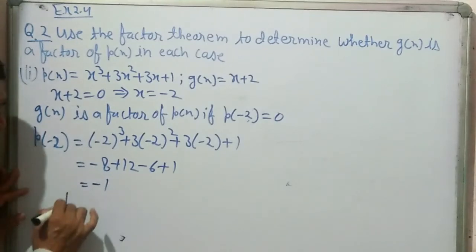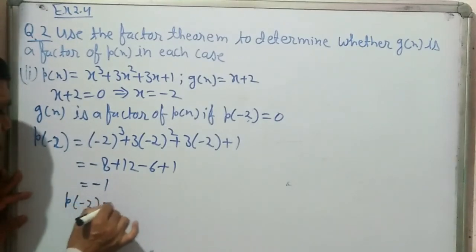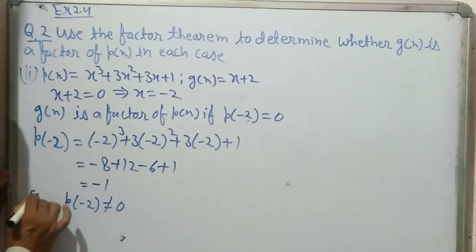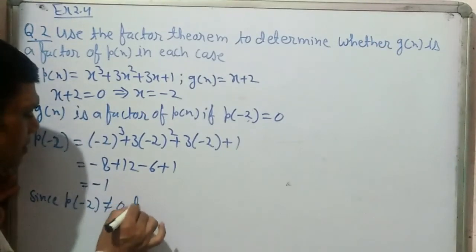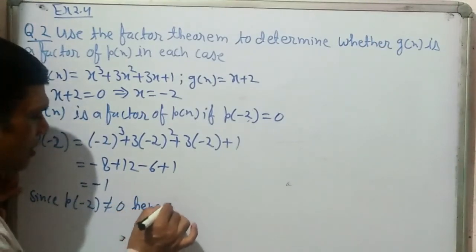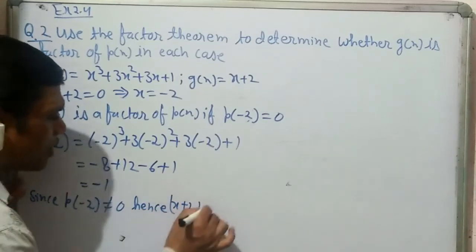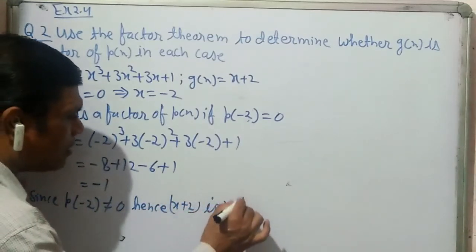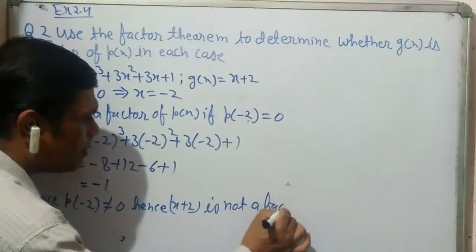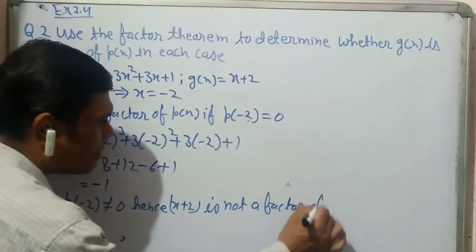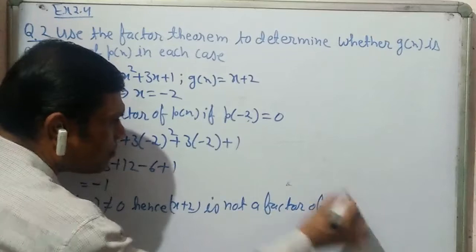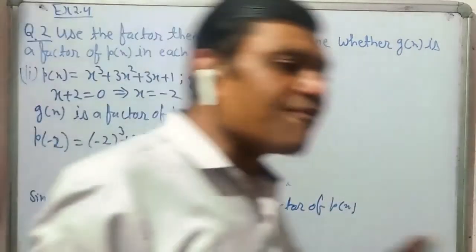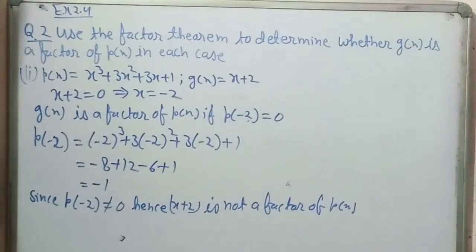So the polynomial's value at minus 2 is not equal to 0. Hence, x plus 2 is not a factor of p(x).